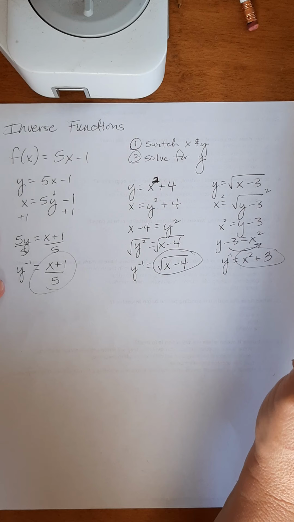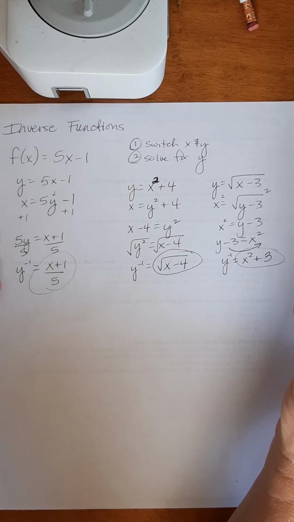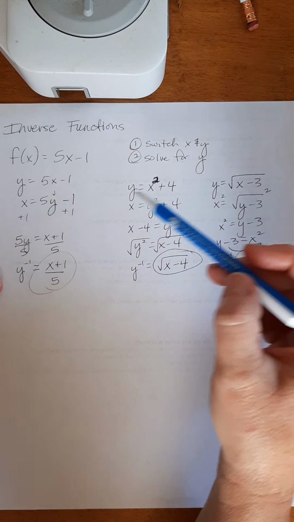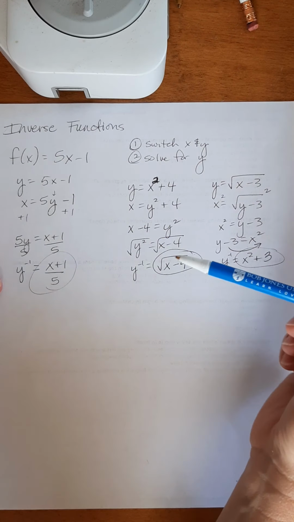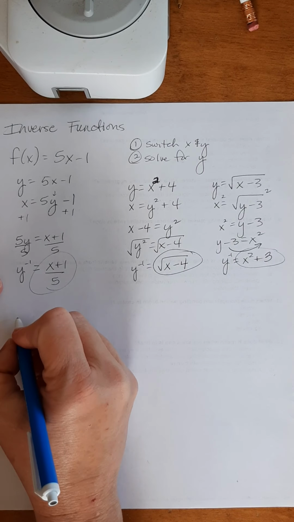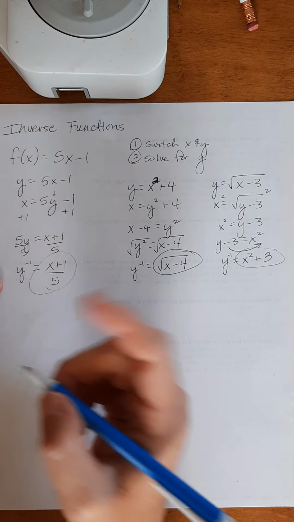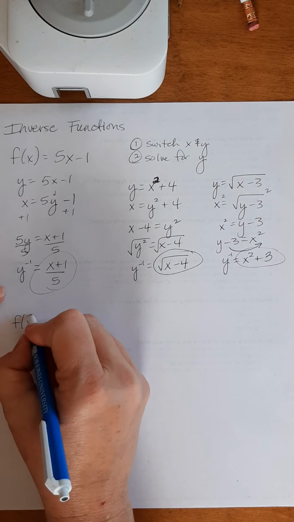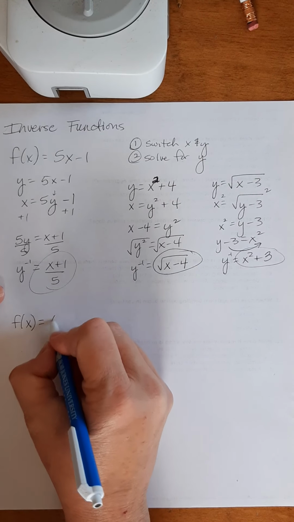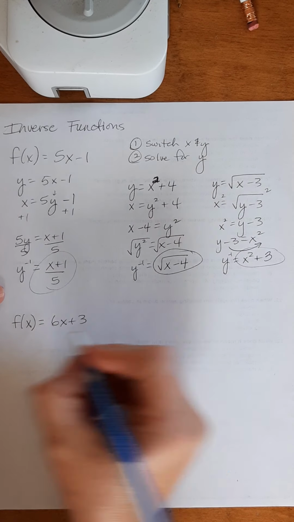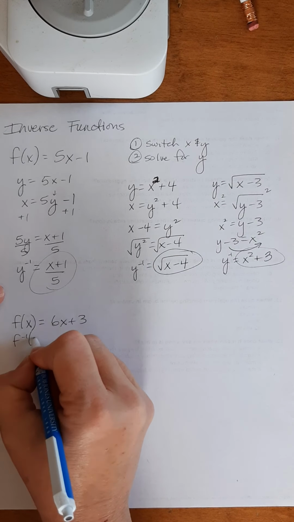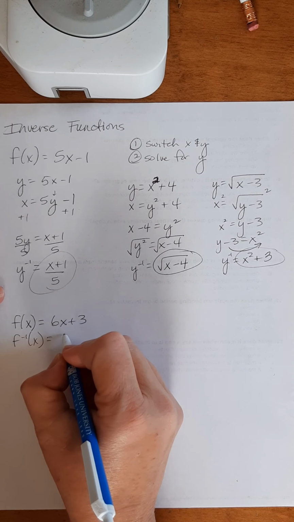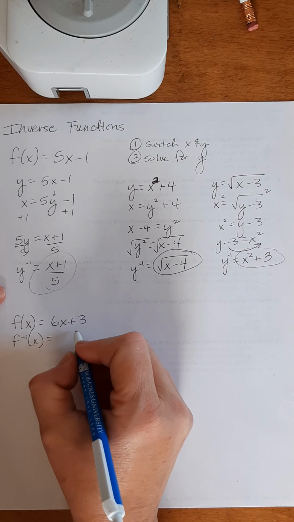Now, there's also something else that we can do. Let's say it was something like determine whether or not they're inverses. And a way you can check yourself, we'll do one, then we'll come back to those. So if I said f of x equals 6x plus 3, and this equals, what do I want it to be?